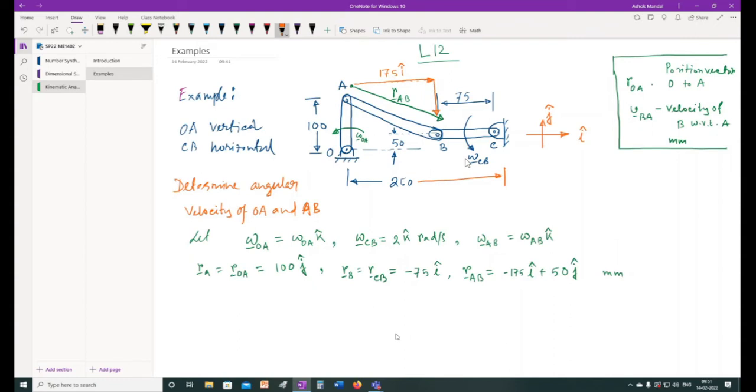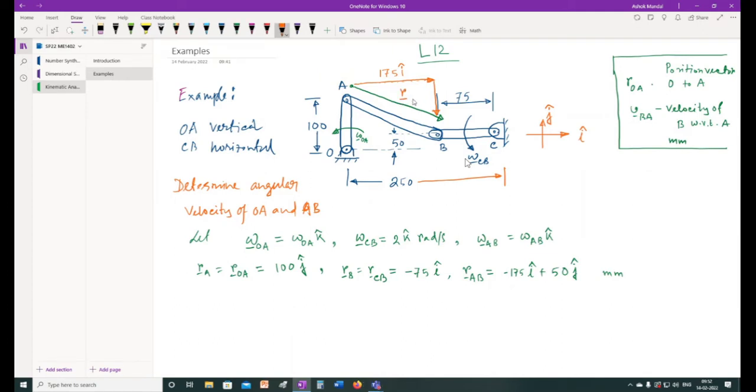And I have just written it the other way. Here we have taken this vector in the opposite direction, okay? Let us call it R BA.